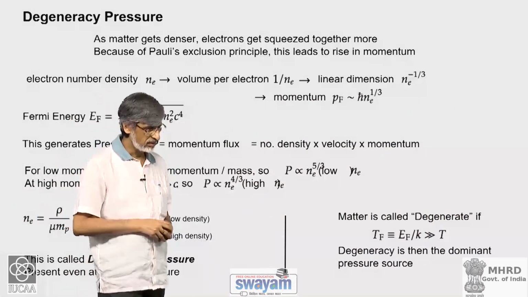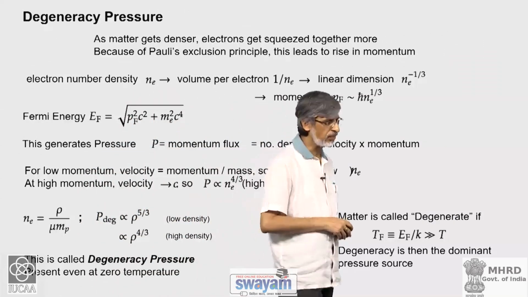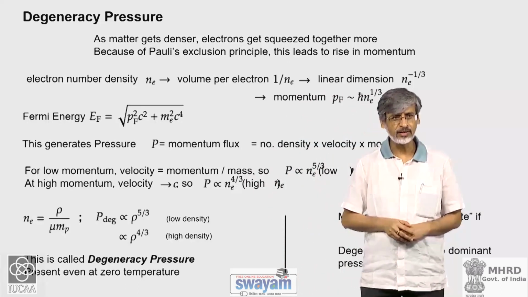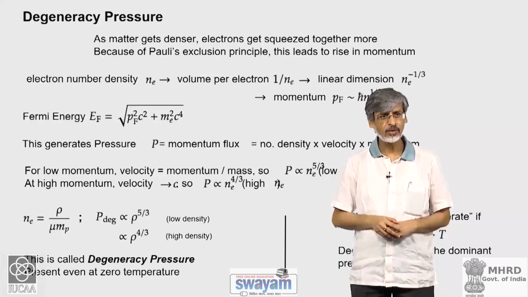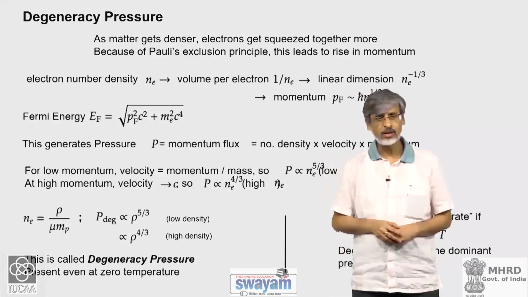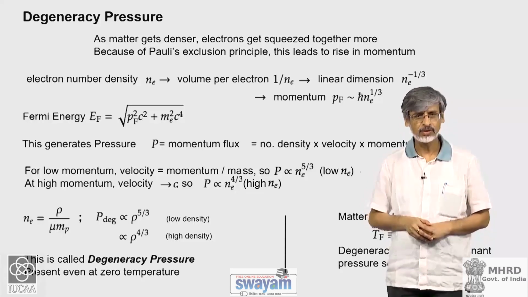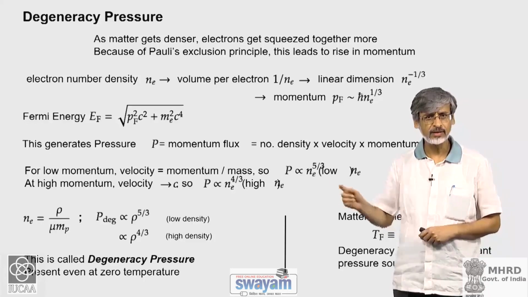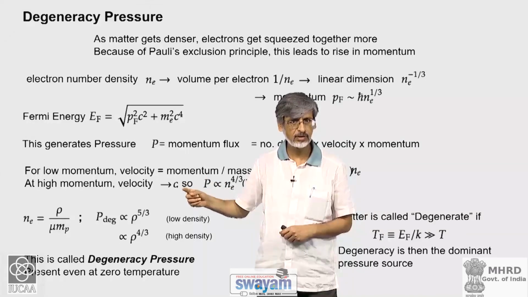As n e rises, which means as p f rises, p f over m, which is the velocity, will also keep rising, but it cannot rise indefinitely. As the velocity approaches the speed of light, the velocity cannot rise anymore. So, when p f becomes very high, which happens when the number density goes very high, the velocity will saturate at the speed of light.